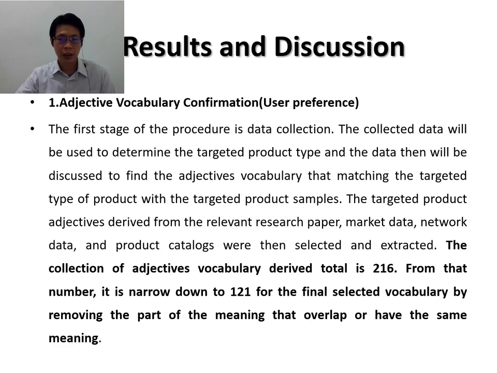The target product adjectives, derived from relevant research papers, market data, the internet, and product catalogs, were then selected and extracted. The adjective vocabulary derived totaled 216. From this, we narrowed down to 121 for the final selected vocabulary by removing those with overlapping or the same meaning.